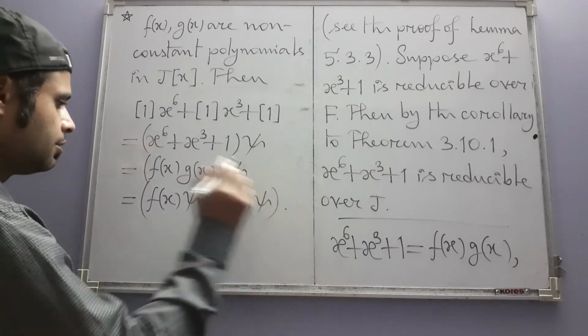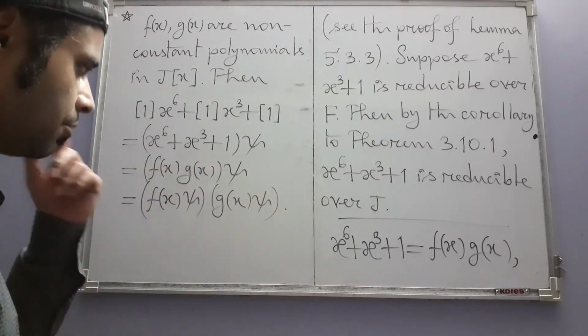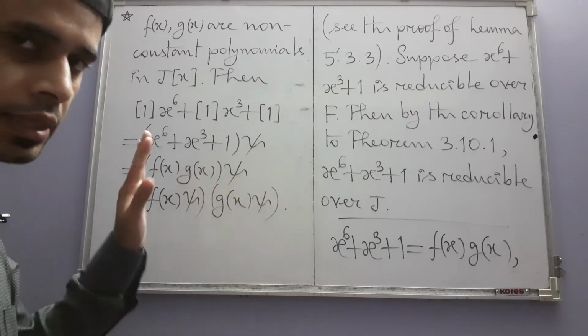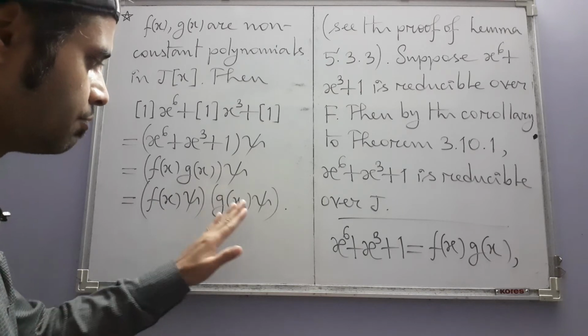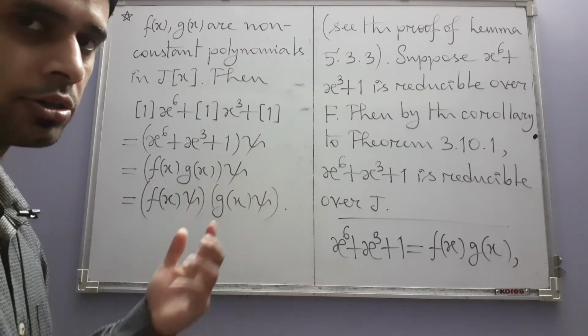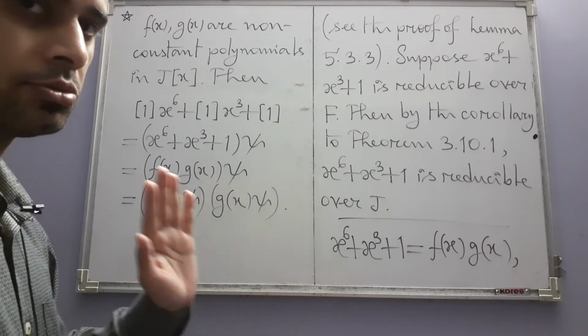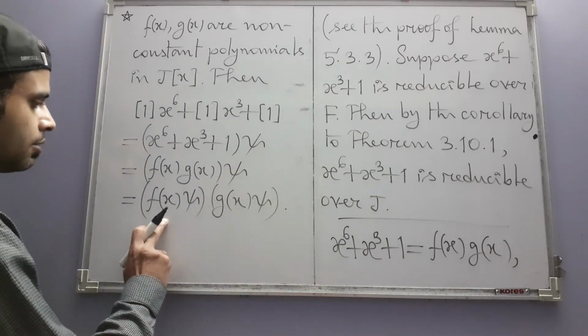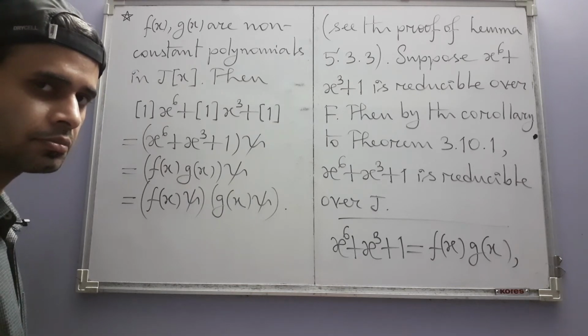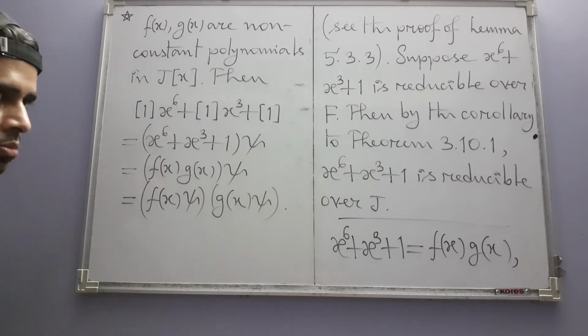Okay, now what are we getting? Note that these polynomials, the two psi images that we see here, are in J2x or Z2x. Is any one of them constant? Is that possible?